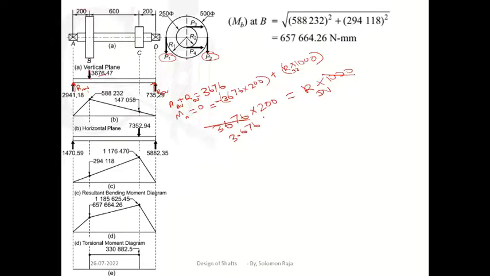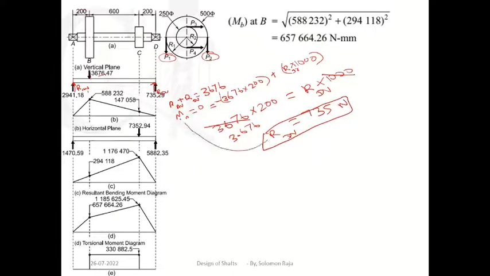Now multiply it with 200: 3.676 into 200, you will get RDV value as 735 Newton.